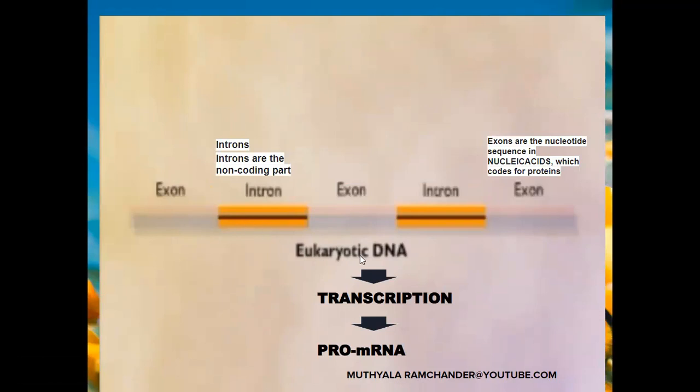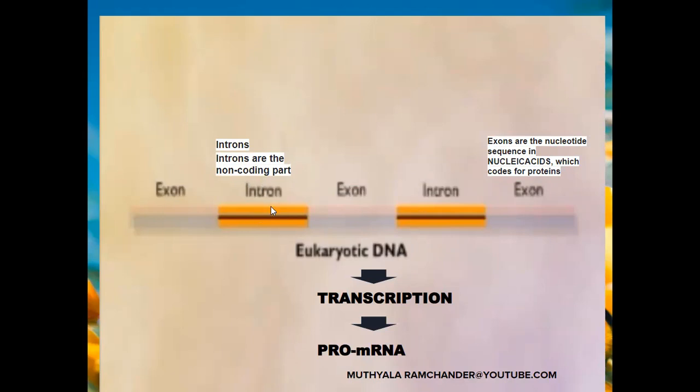Exons of eukaryotic DNA are the nucleotide sequences which code for proteins, hormones, and enzymes. So these codes of exons are important in eukaryotic DNA.